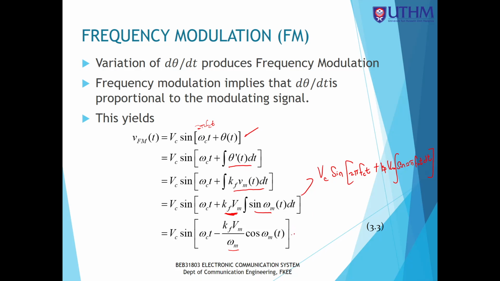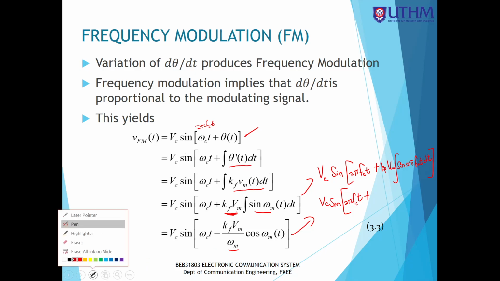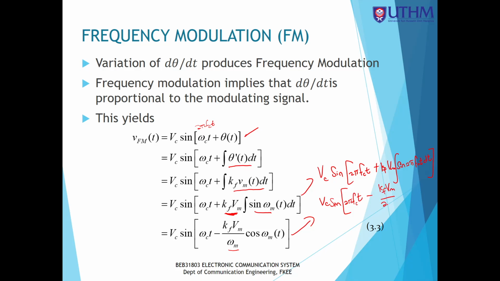Here you can rewrite this to become Vc sine 2 pi fc t plus Kf Vm times the integral of sine, which gives negative cos, so this is supposed to be negative: negative Kf Vm over 2 pi fm, cos 2 pi fm t, close big bracket.